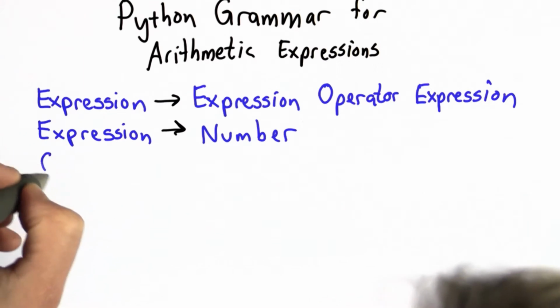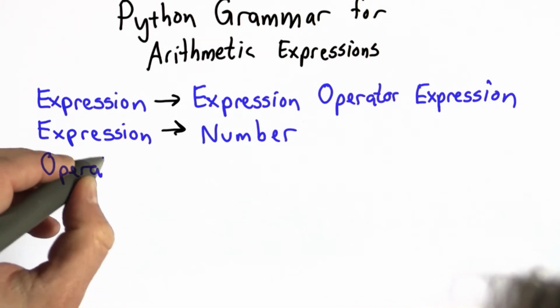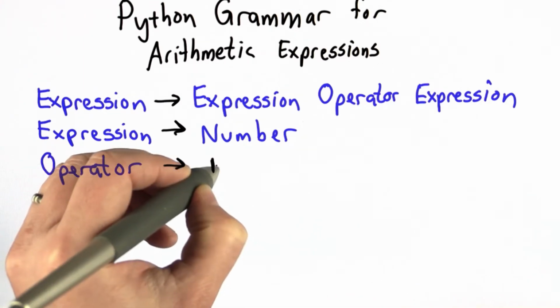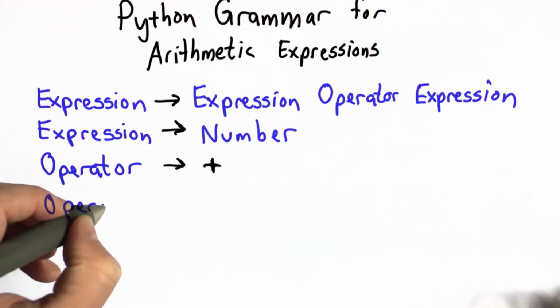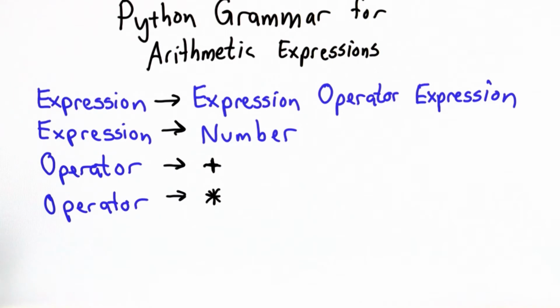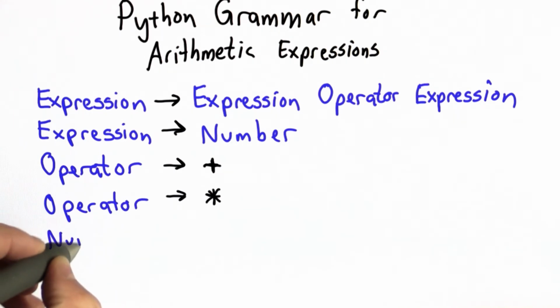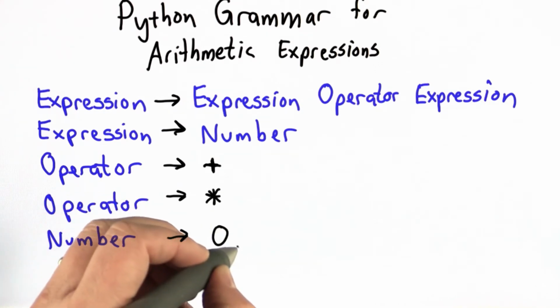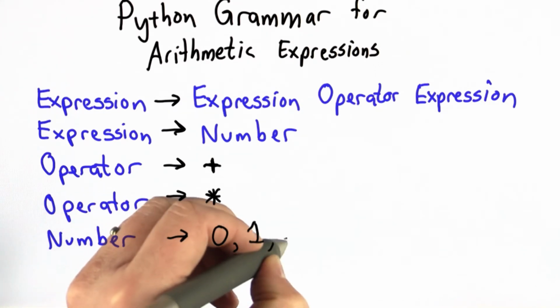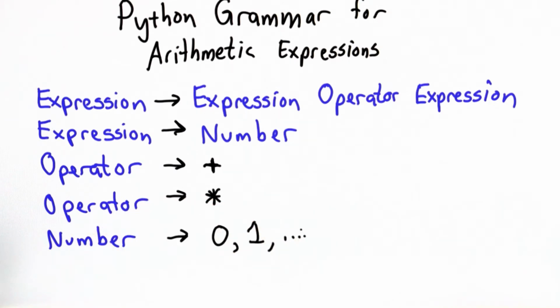So let's write a few more rules to see how that works. We can replace the operator with plus. We can also replace operator with times. And there's several more operators in Python. Those are enough for now. We just need those two. We can also make numbers. And the complete rule for making numbers is sort of complicated, but let's assume we know what numbers are.